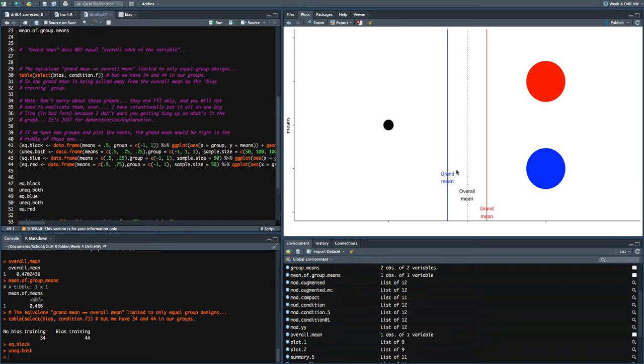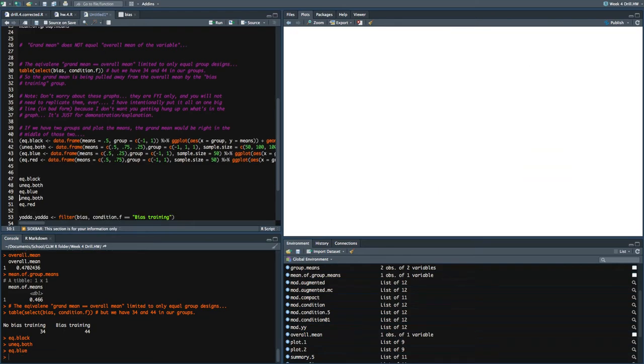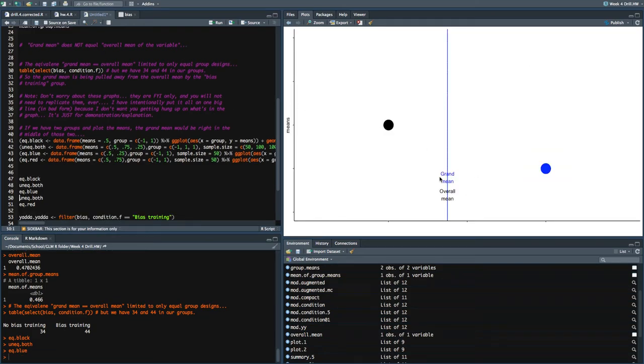Down here, if you look at this blue line and the blue dot, if we have a bigger group that has a lower mean than the smaller group, then that will push the grand mean down below the overall mean. So as long as the sample sizes are equal, then your grand mean and your overall mean will be the same.